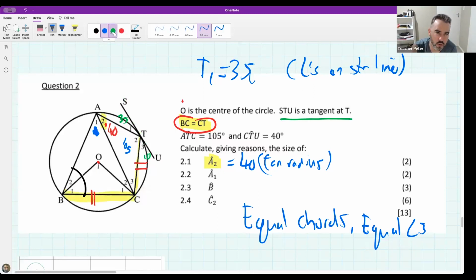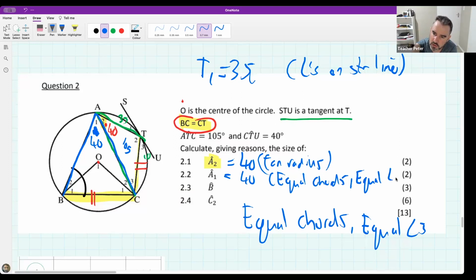The one chord subtends that angle at 40. But because the chords are the same, what size is A1 going to be? It's actually going to be 40 as well. And the theorem is called equal chords, equal angles.